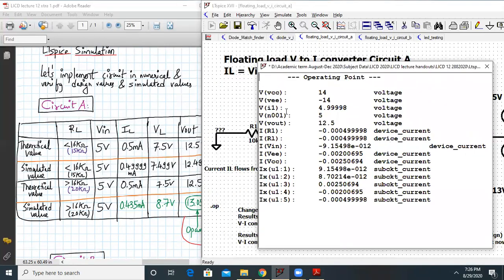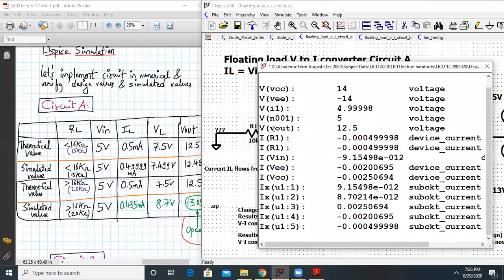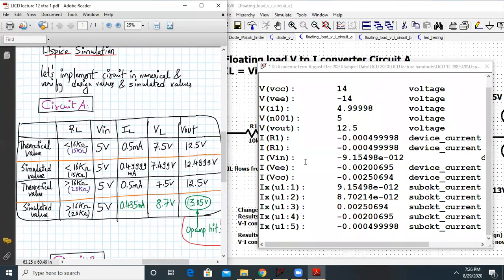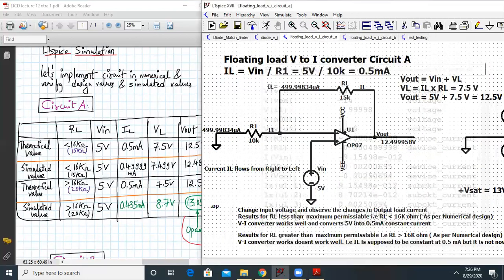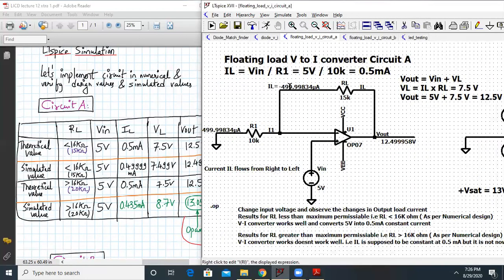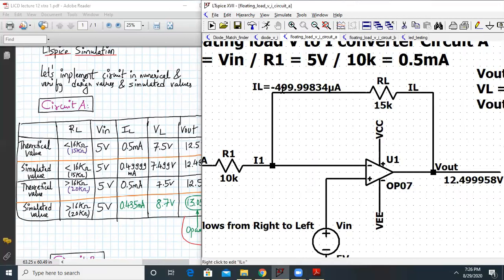So these are my values which I am getting. Here I am getting V out as 12.5 as predicted, and the value of the current IL flowing through the load resistance. Let me just check it out over here. Yeah, so IL value is coming out to be minus 0.5 milliamperes. Why minus 0.5? Because the current is in the other direction.